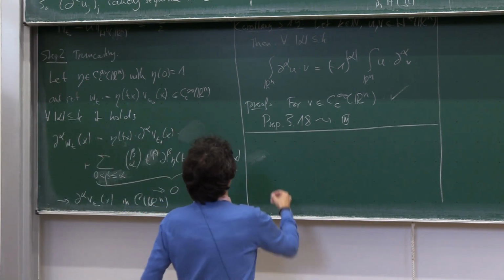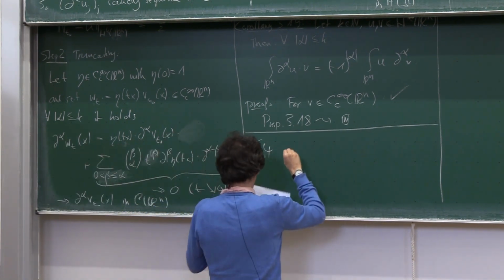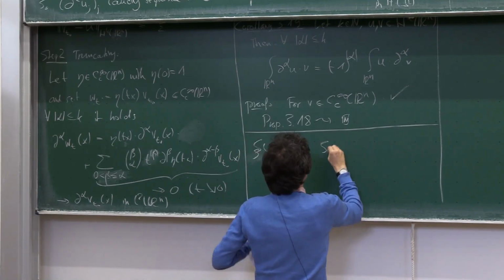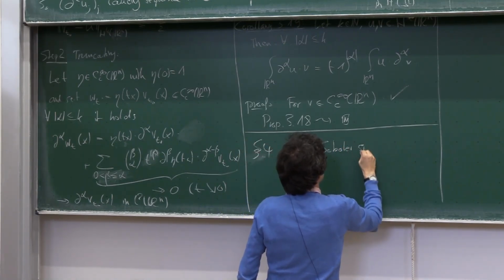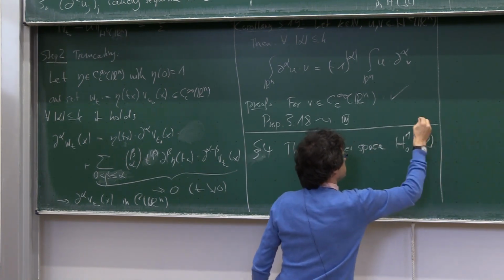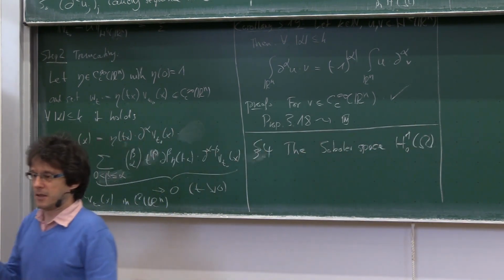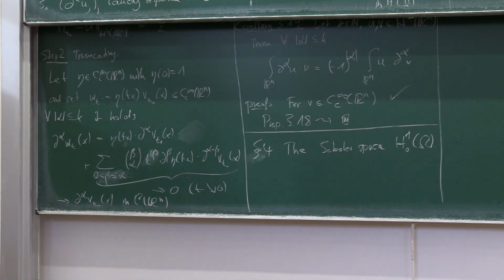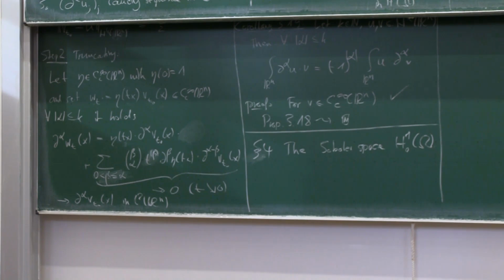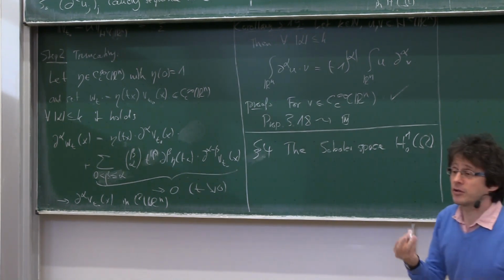And this leads to the fourth subparagraph of this chapter, which is about the Sobolev space H10 of omega. And this will be the subspace of H1. So in a naive sense, so in an intuitive sense, this will be the subspace of the Sobolev space H1, of functions that are 0 on the boundary of omega.